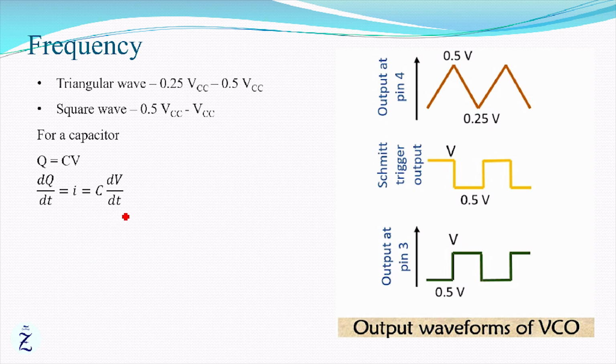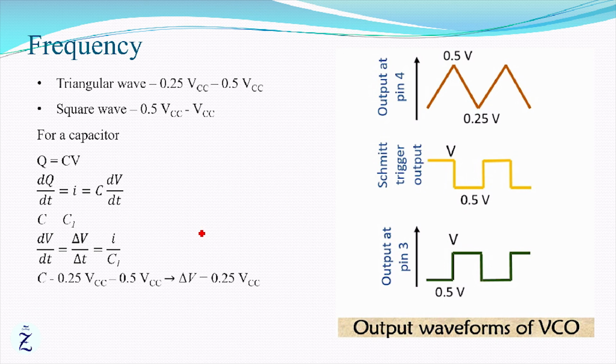So we can write dV by dt, the change in voltage divided by the change in time, is equal to I by C1. The capacitor voltage changes from 0.25 VCC to 0.5 VCC, so delta V is equal to 0.5 VCC minus 0.25 VCC. That is, delta V is equal to 0.25 VCC, and take the change in time as delta t, that is half of the time period.